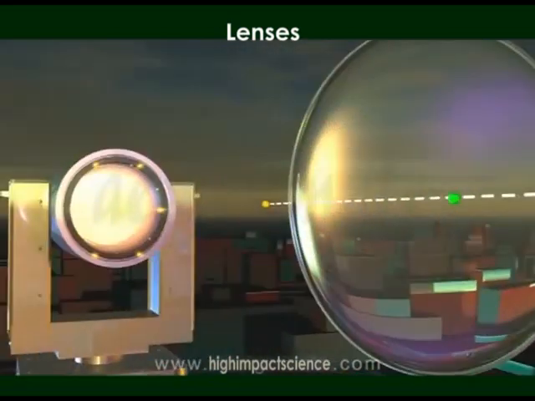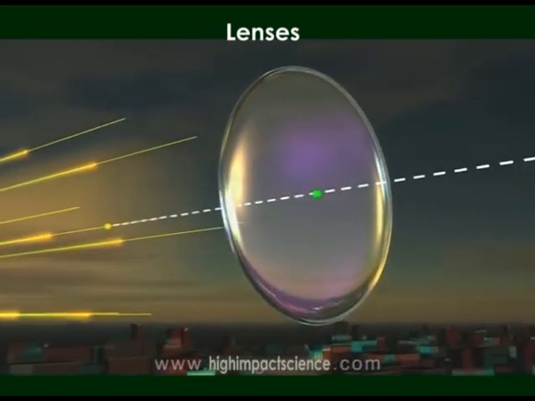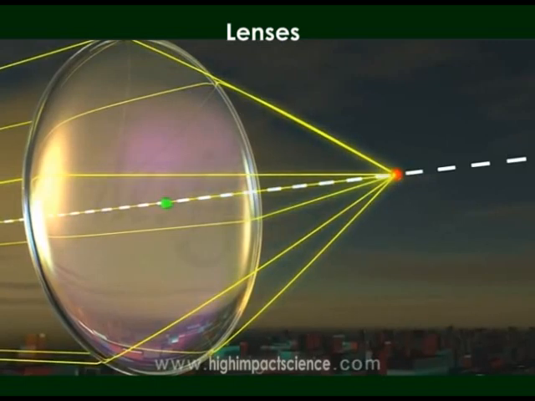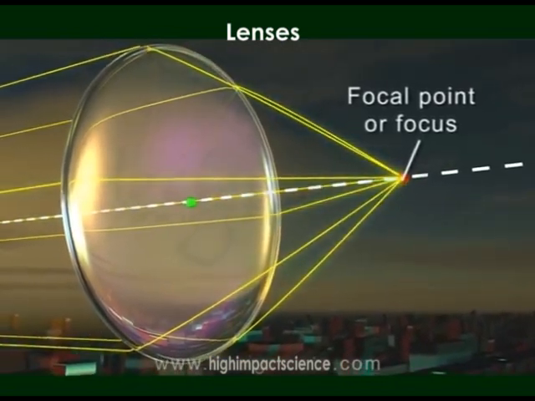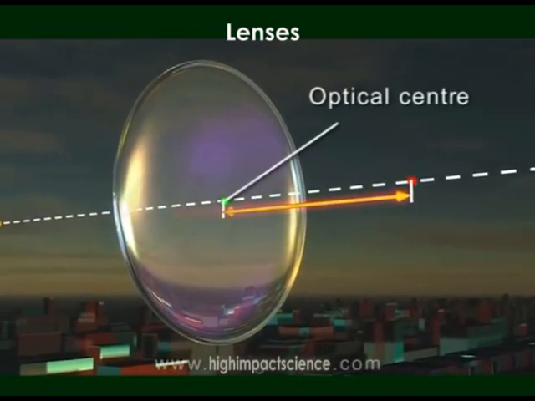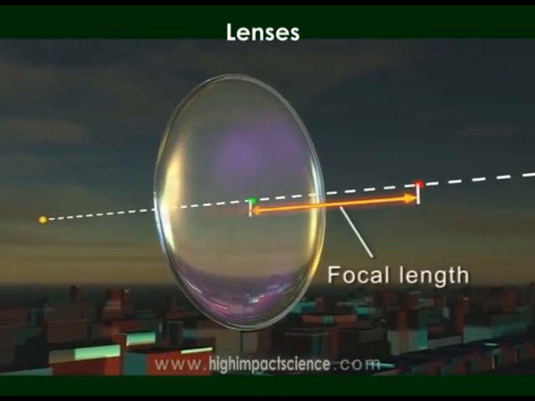The rays parallel to the principal axis and incident on one side of the lens undergo refraction and converge at a point on the principal axis on the other side. This point is called the focal point or the focus of the lens. The distance from the optical center to the focal point is called the focal length of the lens.